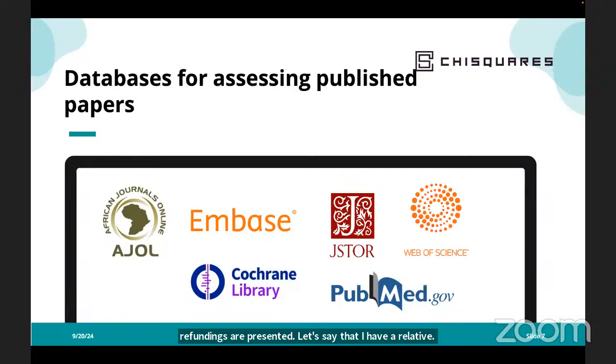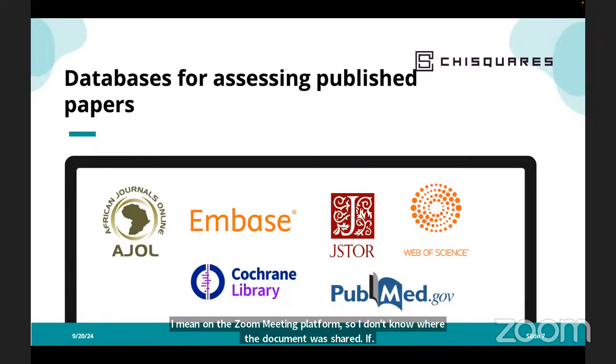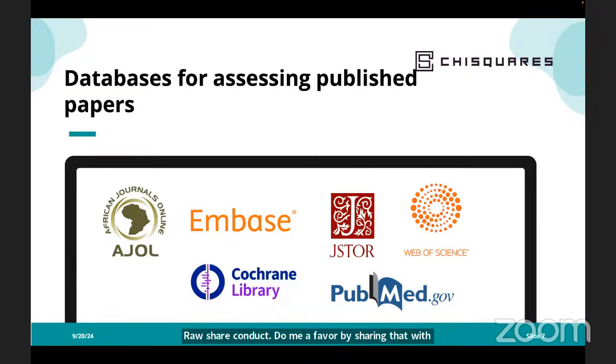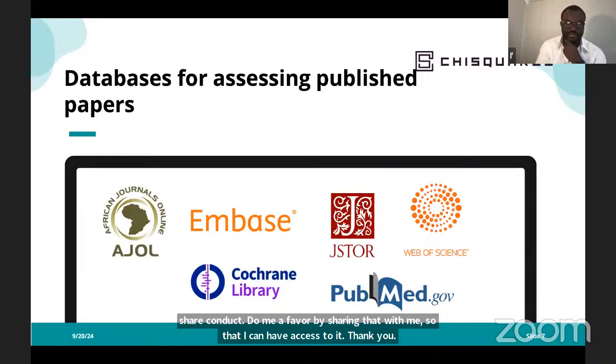So in case you are doing a systematic review, you need to convert them so that you get a standardized format. But along the line, I was lost on the Zoom meeting platform. So I don't know whether the document was shared. If it was shared, can Doc do me a favor by sharing that document so that I can have access to it? Thank you. Yeah, that was shared.